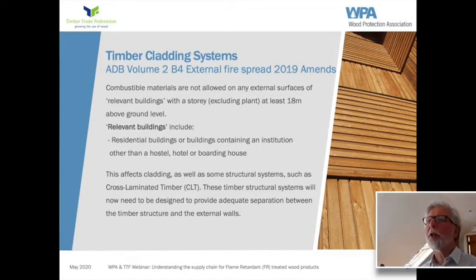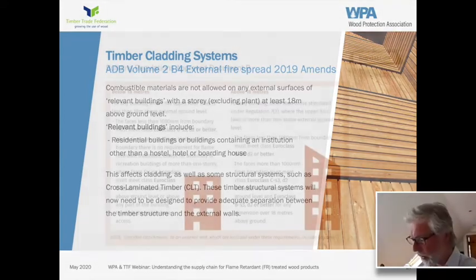It also affects the structural timbers within the external wall. And so this has had a significant impact. I would say the impact on the cladding market, direct impact, has been minimal because there aren't that many buildings over 18 meters with timber cladding on it. But it has had an impact on the CLT market, where high-rise buildings are obviously a key market.